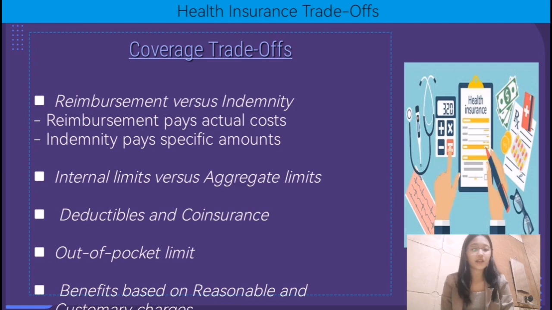So last but not least, the benefits based on reasonable and customary charges considers the average fee for a service in a particular geographical area, then use a specific amount. So for example, in your area or yung country mo, under ka ng surgery, and then sa country mo is 1,500 yung cost ng procedure ng surgery mo.